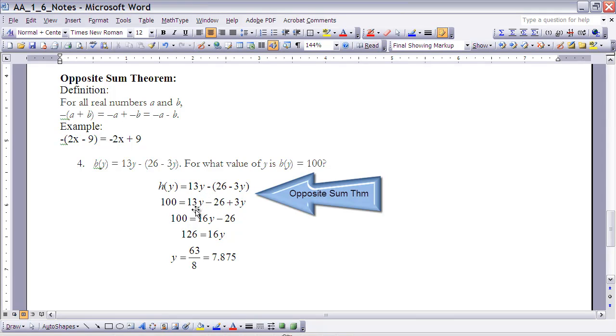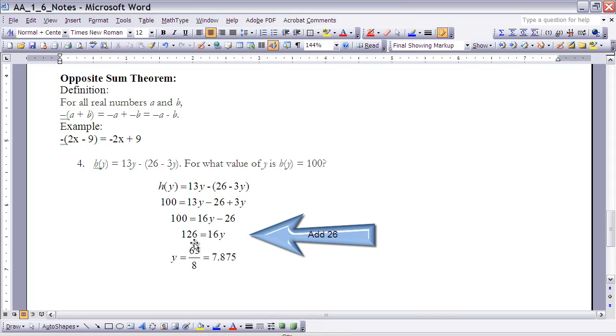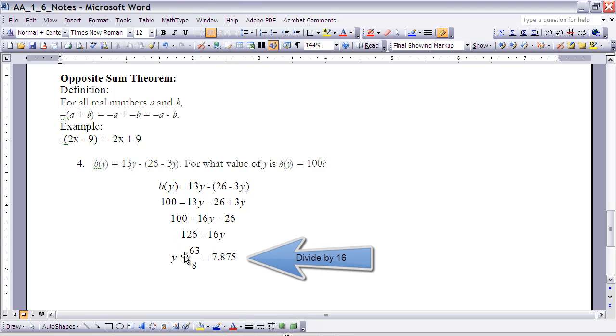And by doing it, I get 13y minus 26 plus 3y. Okay. Now I'm going to combine my y's to get this. I'm going to add 26 to both sides to get 126 is equal to 16y. And then if I divide both sides by 16, I get 63 over 8, or 7.875. So that would be the value of y when h of y is 100.